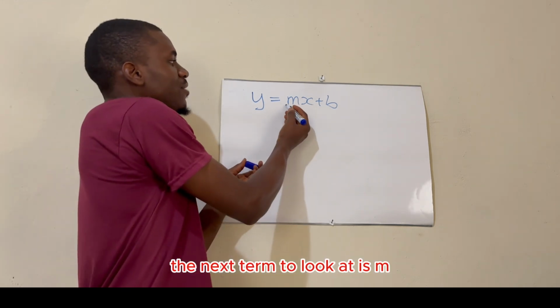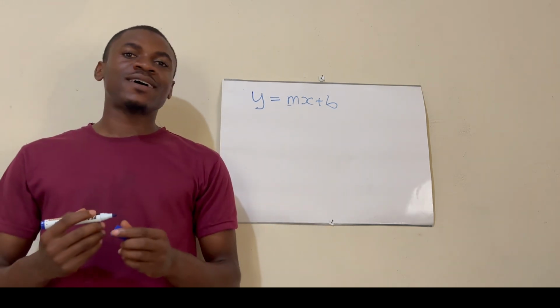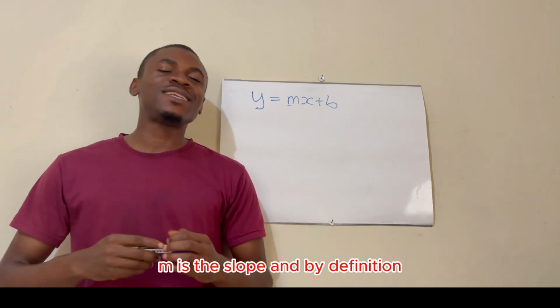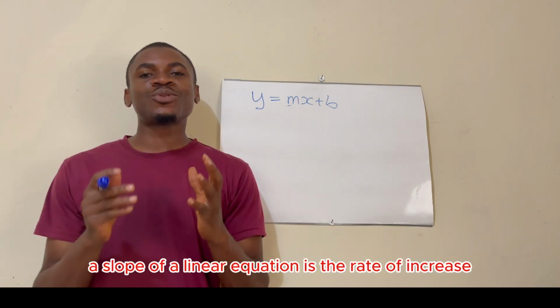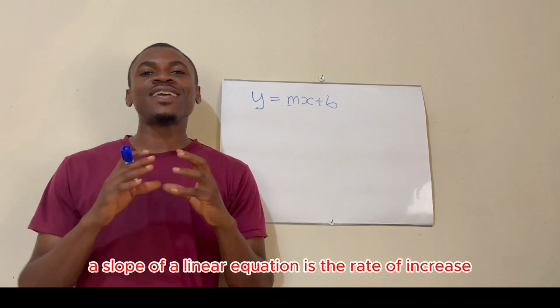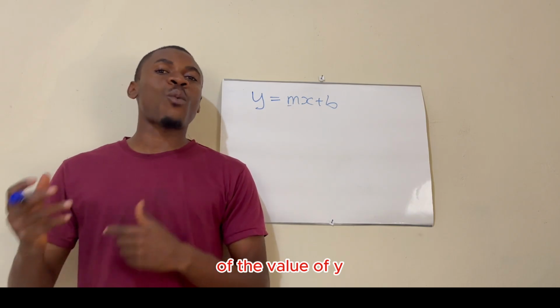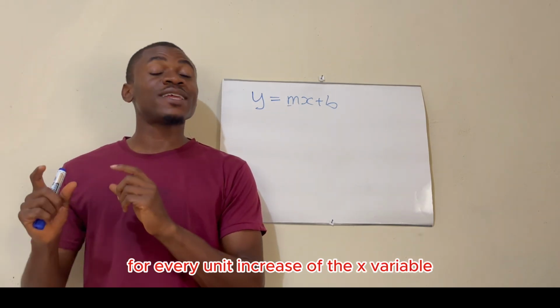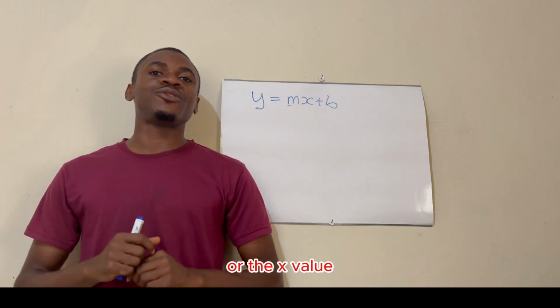The next term to look at is m. M is the slope, and by definition, a slope of a linear equation is the rate of increase of the value of y for every unit increase of the x variable or the x value.